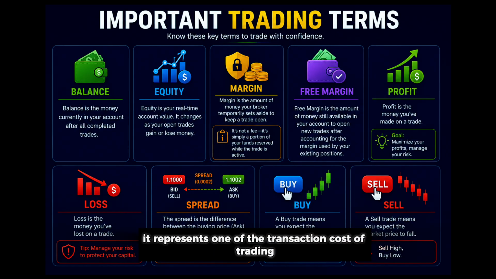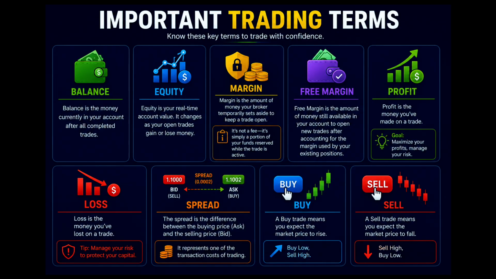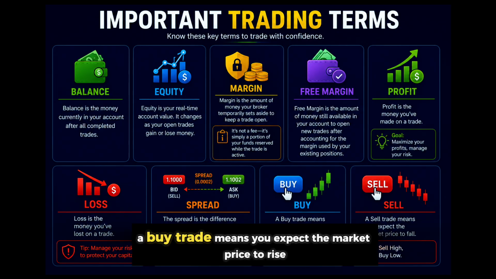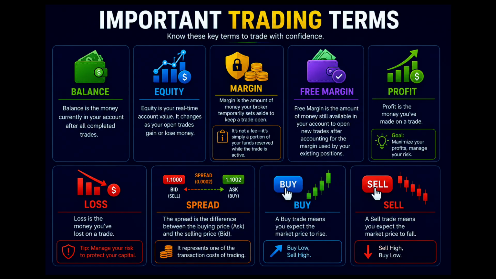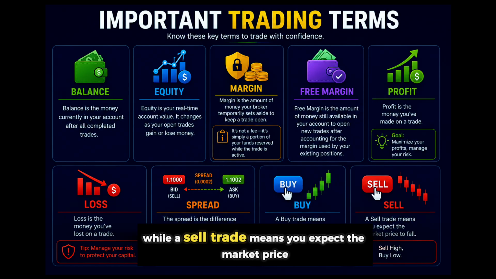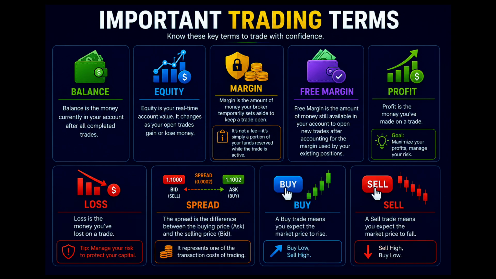It represents one of the transaction costs of trading. A buy trade means you expect the market price to rise, but a sell trade means you expect the market price to fall.